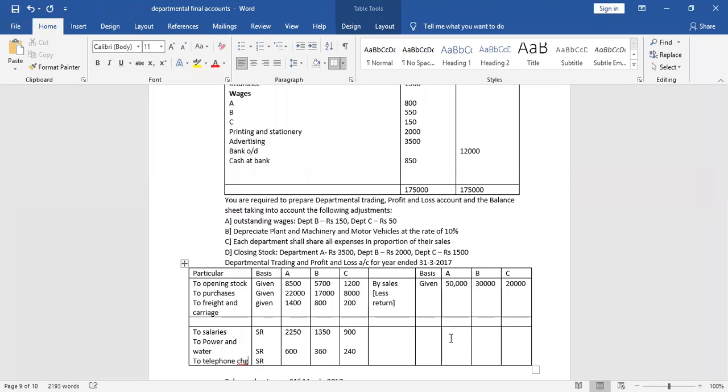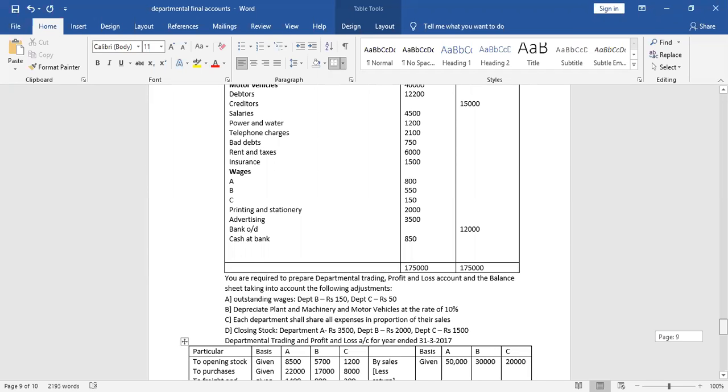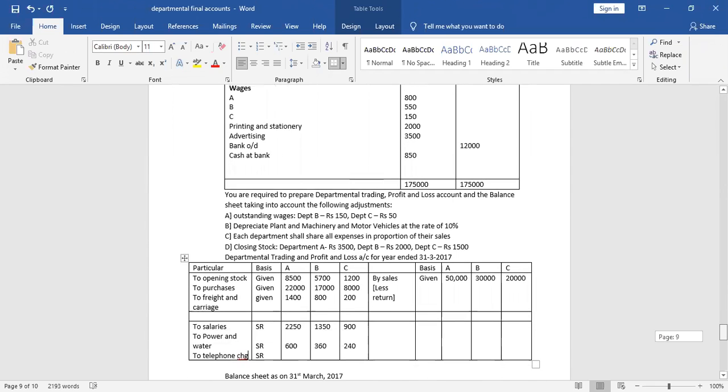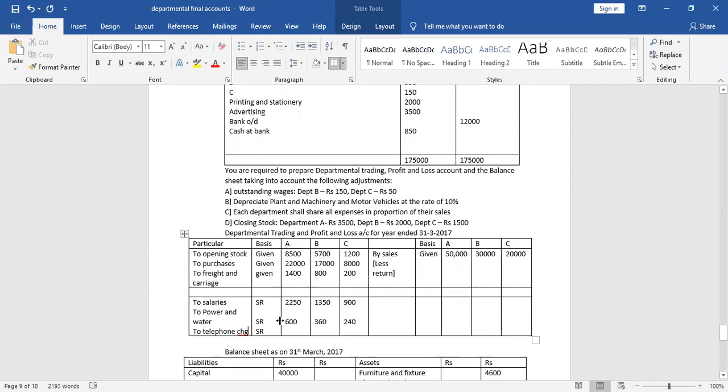What is the amount of telephone charges? Sorry, 2100. 2100 into 5 upon 10. 2100 into 3 upon 10. 2100 into 2 upon 10.